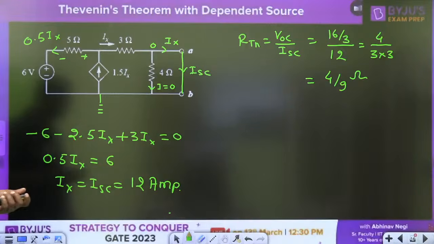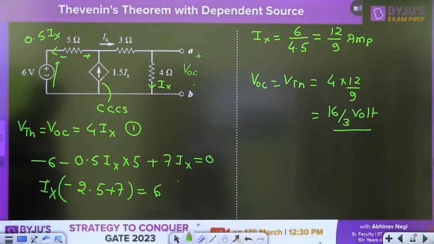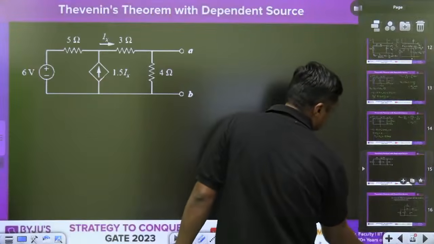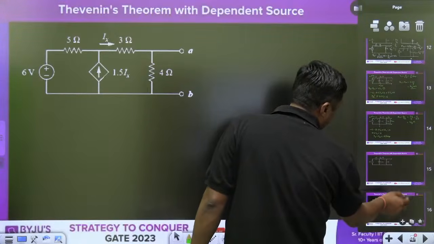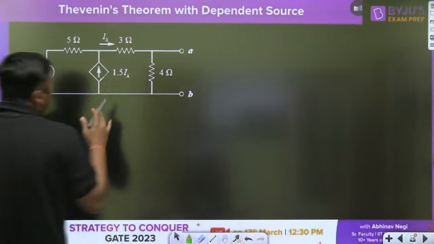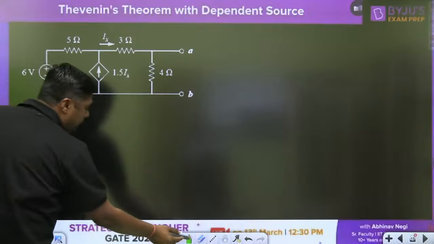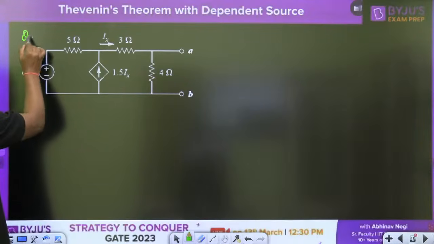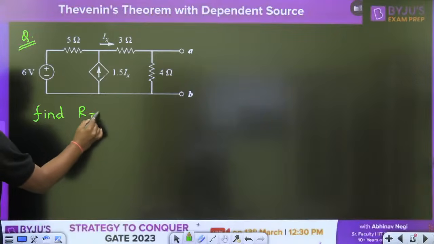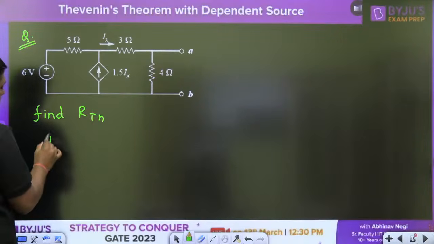Now what is the second method? In the same question, because we have the answer, in the second method you can use... Suppose only the question is given here: find RTH only. Then this method will become very lengthy.